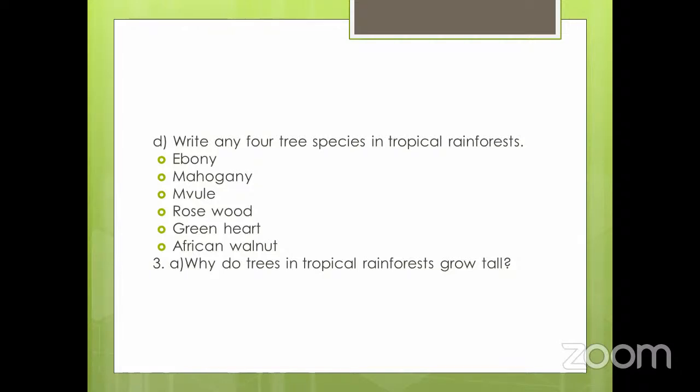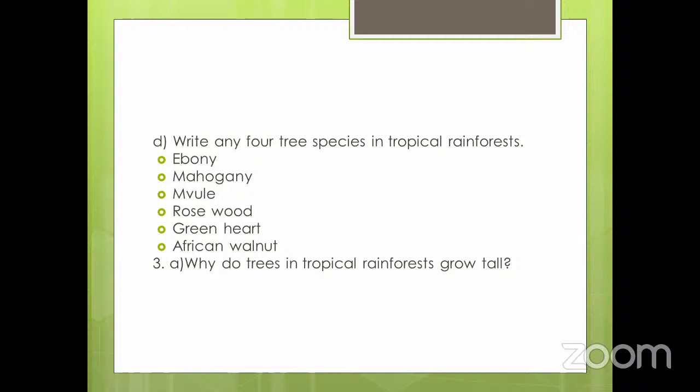Very good. So those are the different tree species we have in natural as well as tropical rainforest. We have ebony, mahogany, mvule, rosewood, green heart, and African walnut. So those are the tree species.